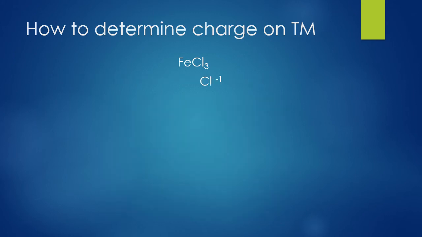So if I know that chlorine has a -1 charge, well, how many chlorines do I have? The subscript tells me that. I have 3 chlorines. So what's the total negative charge that I have? Those 3 chlorines tell me I have a total charge of -3. So what I need is for this chemical formula, this compound, to be neutral.